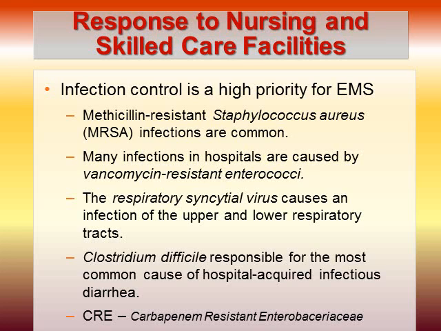And RSV and Clostridium continue to be major problems. The new one is CRE. CRE actually kills about half the people who become infected with it, and it's so resistant to all known wide-spectrum antibiotics that it's really becoming a nightmare. People don't know how to treat it.